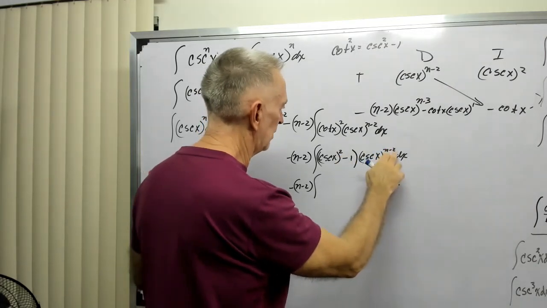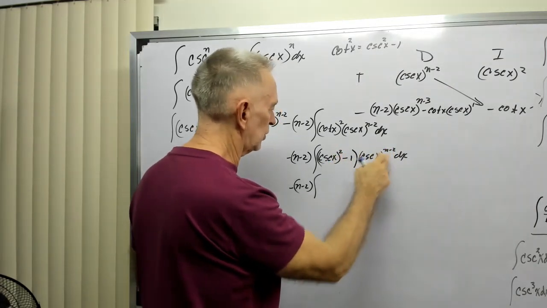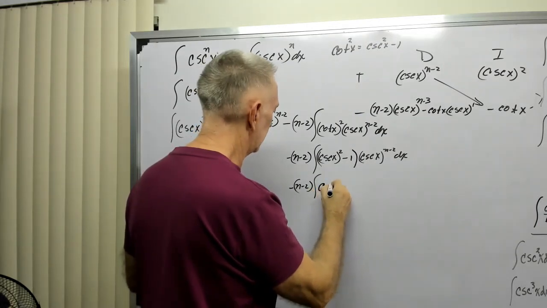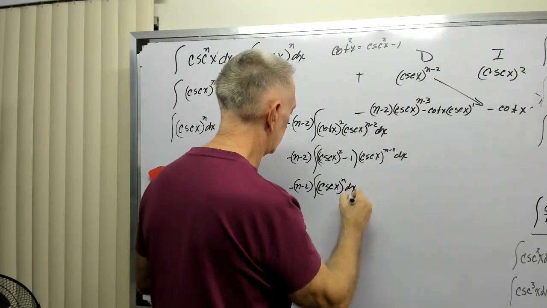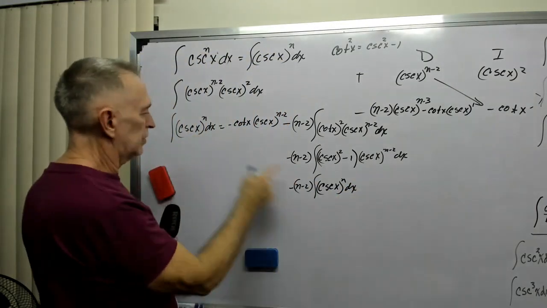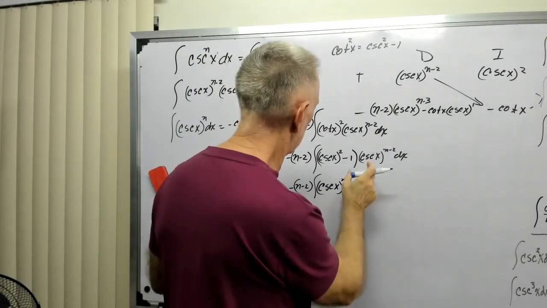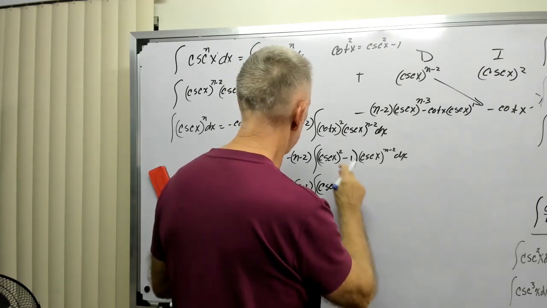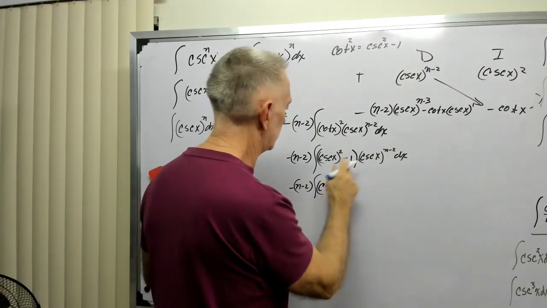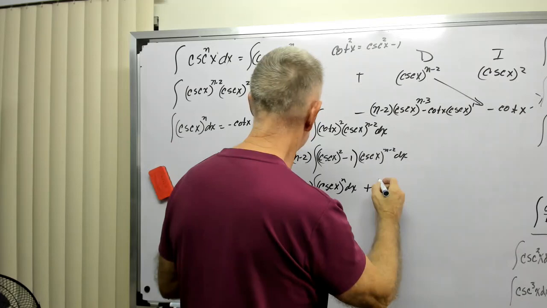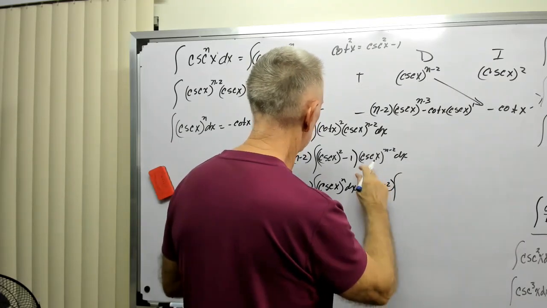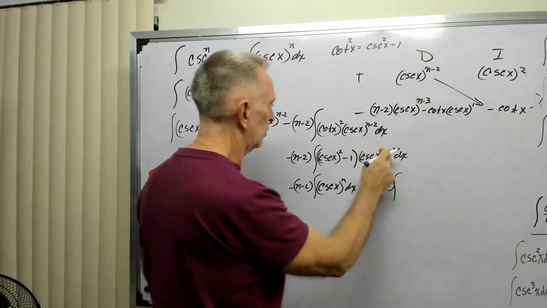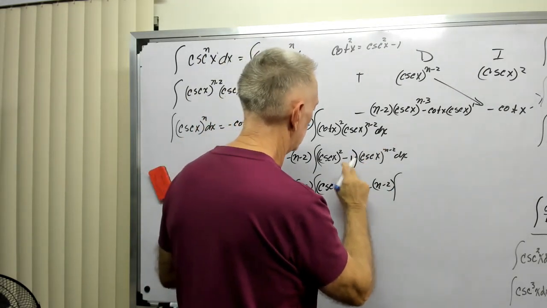So I have n minus 2 plus 2, which gives me cosecant x to the n dx. Oh, you can already see what's going to happen here. Now I have a negative times a negative, which gives me plus n minus 2 times the integral of cosecant x to the n minus 2 times 1.